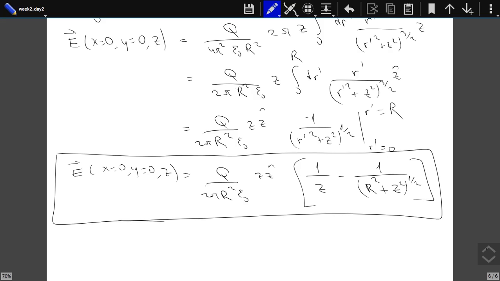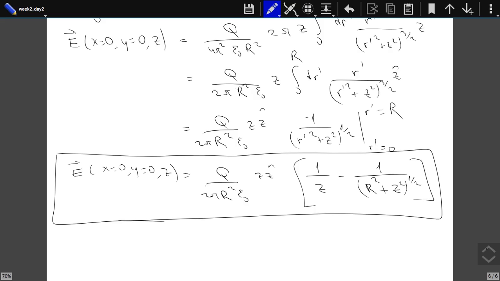Are the units correct? Remember, the unit of electric field should be the unit of 1 over epsilon 0 times the unit of charge divided by the unit of distance squared. The unit of 1 over epsilon 0 is there. The unit of charge is over there. What remains should have the unit of 1 over distance squared. So we have the 1 over distance squared already over here.